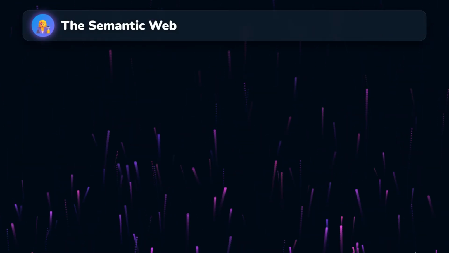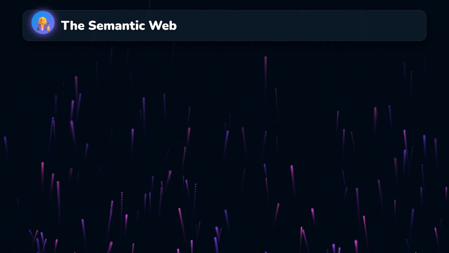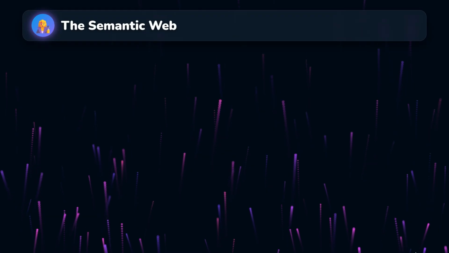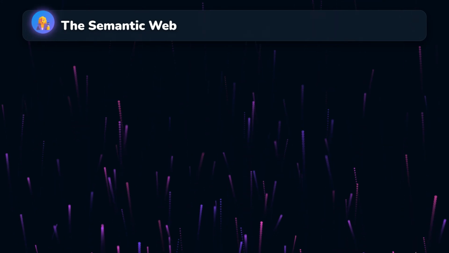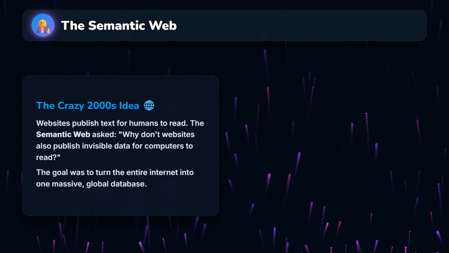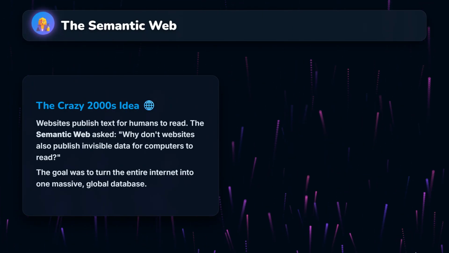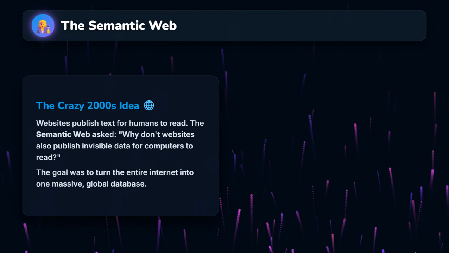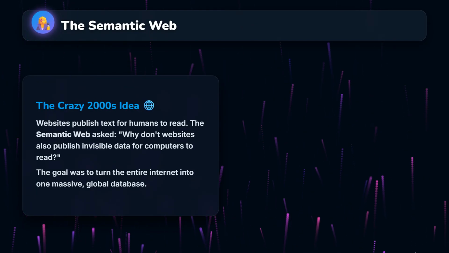Now, if you start reading articles about triple stores, you will immediately get sucked into crazy stories about something called the Semantic Web. Back in the early 2000s, engineers had a wild idea. They said, look, websites publish text and pictures for human eyeballs to read.